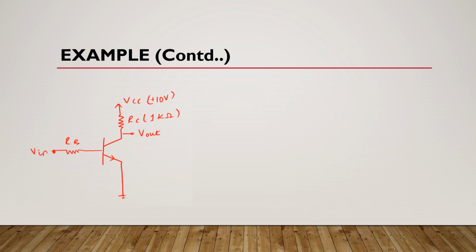Now for the same transistor circuit, how are you going to find the maximum value of this RB? It means how will you find RB max here when Vin is 5 volts. Okay, so when the transistor is on, it means this input voltage is greater than 0.5 volt.